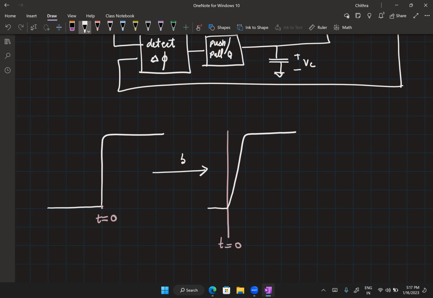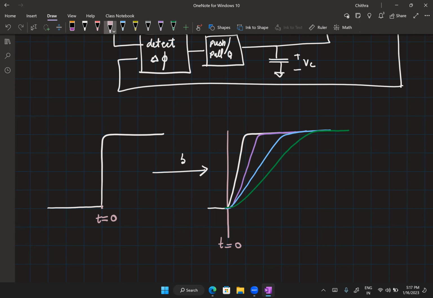So this is my first waveform. Now, if I increase the capacitance or reduce the current, I would have another waveform like this, right? If I increase it further, this is my third waveform. And I could have a fourth waveform, etc.